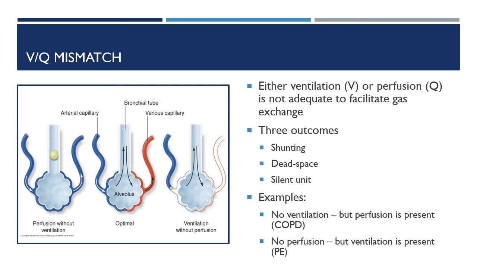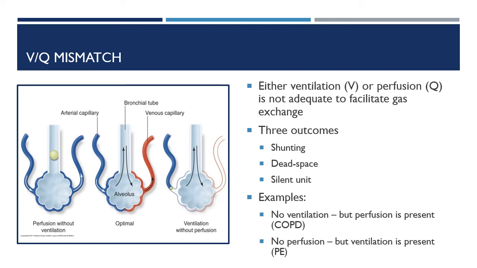Let's look at the middle image, and that is what every alveoli should be receiving, where blood comes from the pulmonary artery from the right side of the heart, and it spreads out through all the alveoli, and there's proper gas exchange, and then the pulmonary vein or the venous capillary goes back with oxygenation.